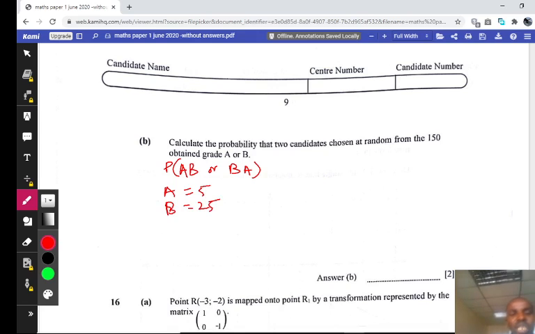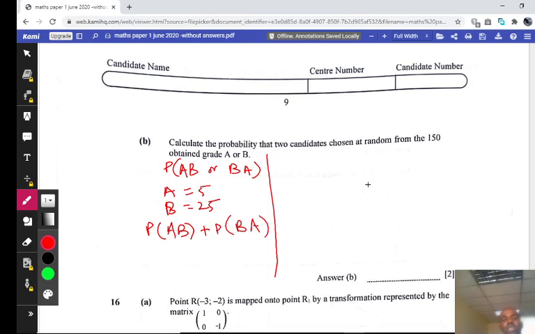Right, so working out this probability, let me simplify it further, it is probability of A, B plus probability of B, A. Then probability of A, B will be, probability of A is 5 over 150.